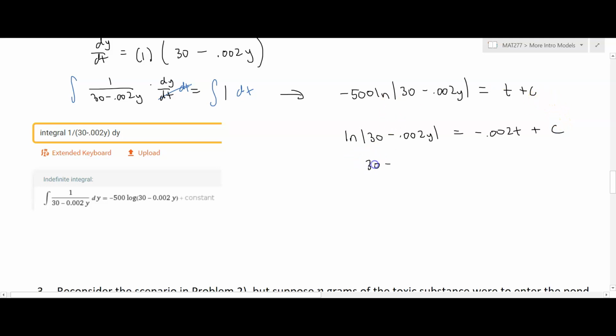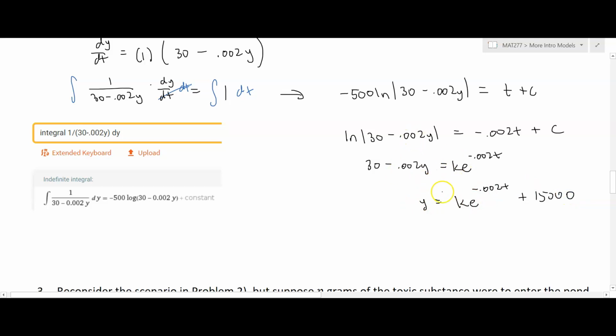Now I'll exponentiate and make this ke to the negative 0.002t, subtract 30 and divide by negative 0.002, which leaves me with ke to the negative 0.002t. Remember, when we divide k by a constant, it remains an arbitrary constant. And so when we subtract 30 and divide by negative 0.002, we get plus 15,000 over here.